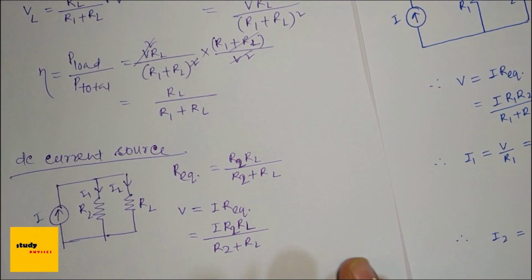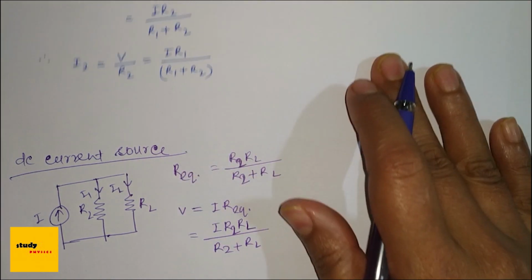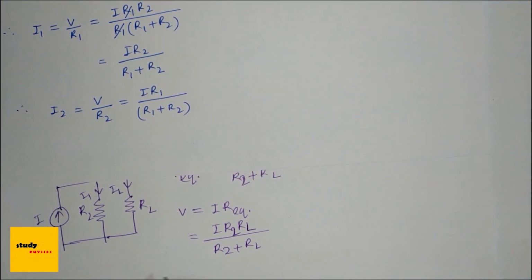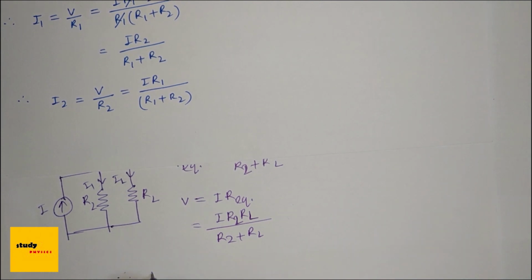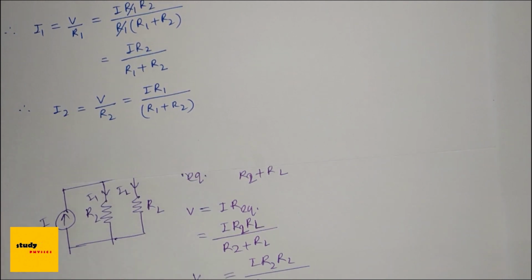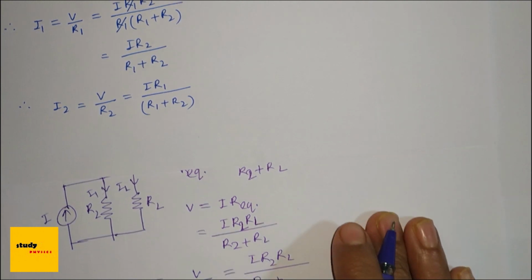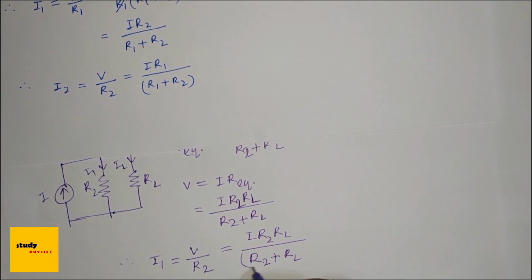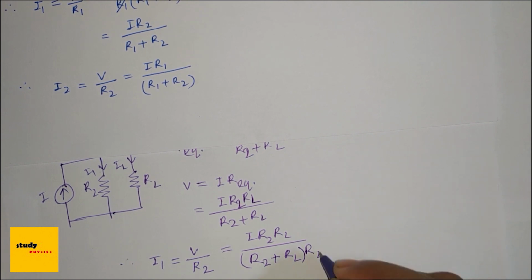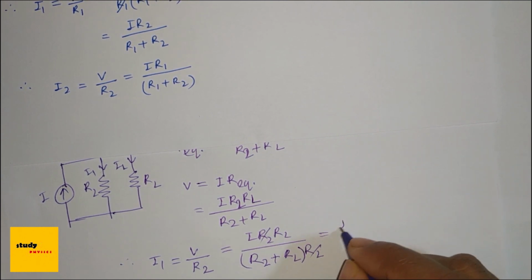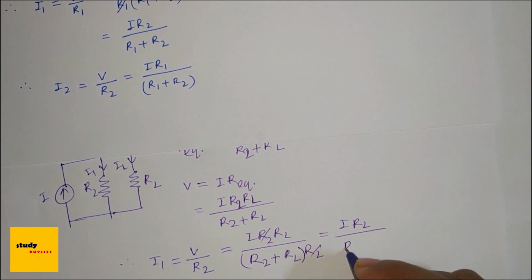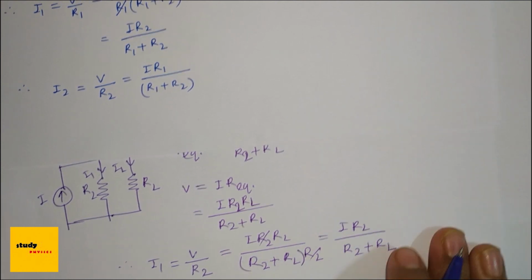Now current I2 equals V divided by R2. So I R2 RL divided by R2 plus RL, into 1 over R2. So R2 will cancel out, giving I RL divided by R2 plus RL.